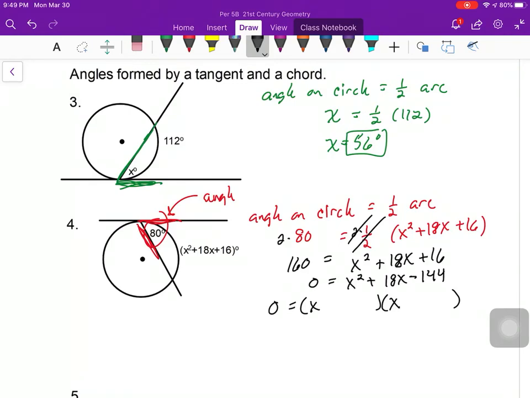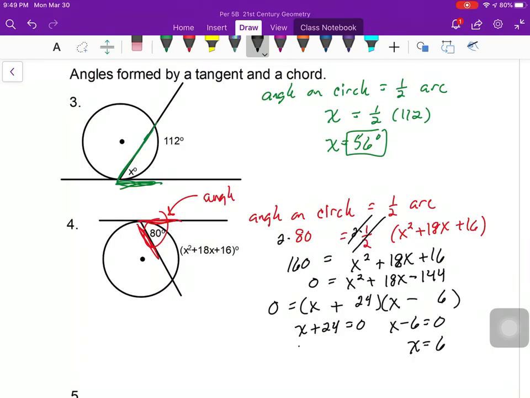So let's see, 144 divided by, 6 and 24 I think will work. So I'll put a 24 here and a 6 there. I need a positive there and a negative there. And that would give me positive 18x in the middle.